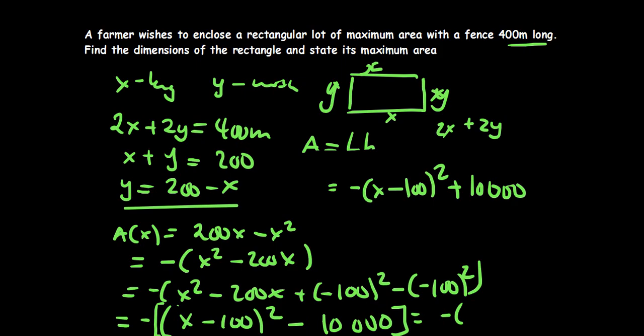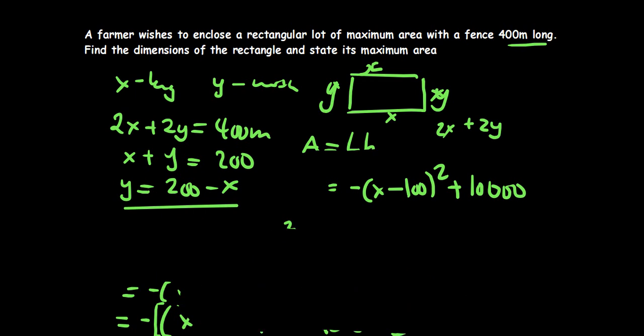But now what does this mean to us? This then means that our maximum area of this rectangle is going to be obtained at the turning point.